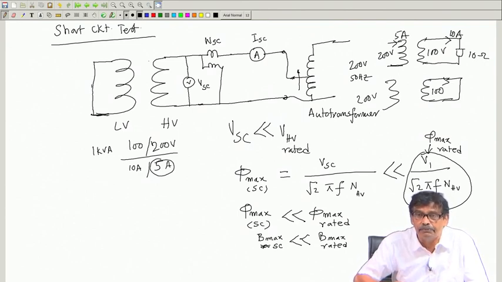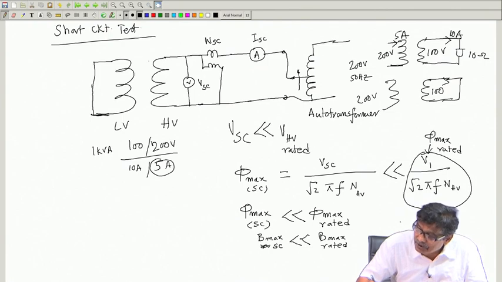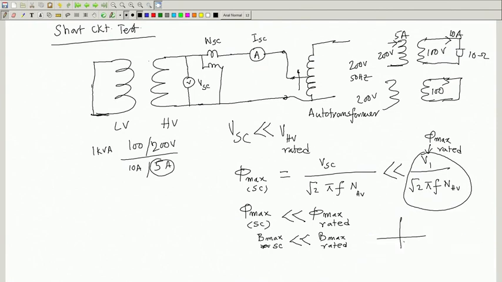During short circuit test, if this is the BH curve during rated condition, I am just trying to give you a pictorial thing, then the BH curve may look like this during short circuit test SC, and this is the rated condition.